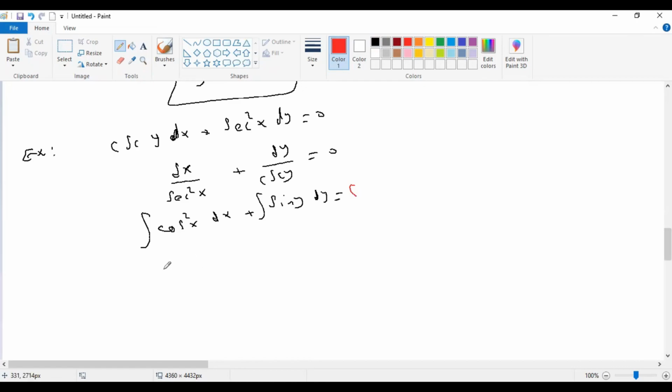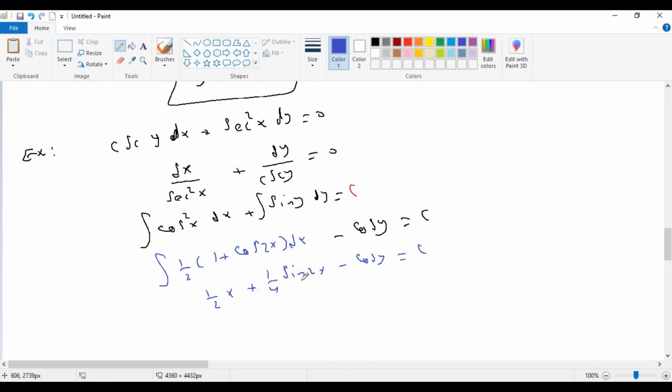So for the integral of cosine squared, use the identity, which one? The identity is half of 1 plus cosine 2x, with dx. So the integral of the first one plus the integral of sine y, which is minus cosine y, equal to c. Now the integral of the first one will be half x, and the integral of cosine 2x, multiplied and divided by 2, gives one over 4 sine 2x, minus cosine y equal to c.